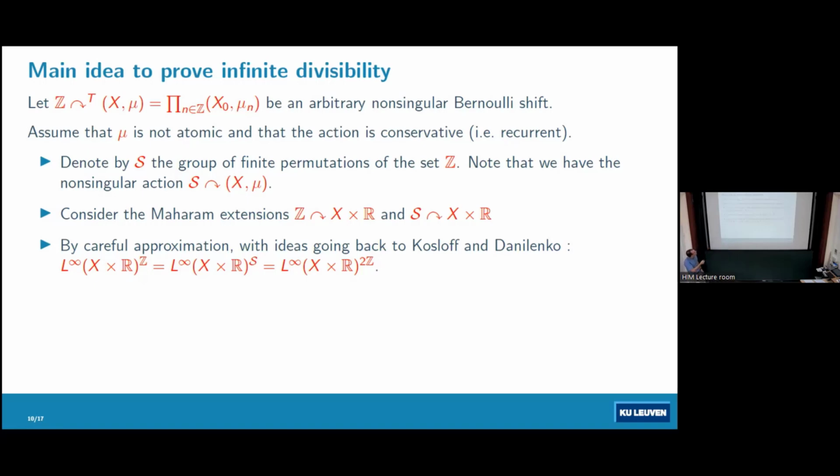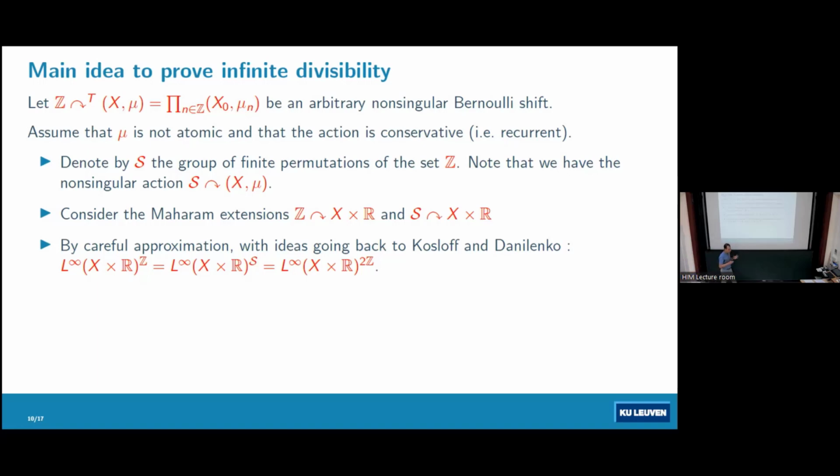Now, we can also permute the coordinates by the finite permutations of the index set Z. So for any permutation of Z that only moves finitely many points, we can permute these coordinates, and then this group S is acting by non-singular transformations on X, mu. And both have a Maharam extension. For both you have the Radon-Nikodym derivative of the action, logarithm, skew product, and so on.